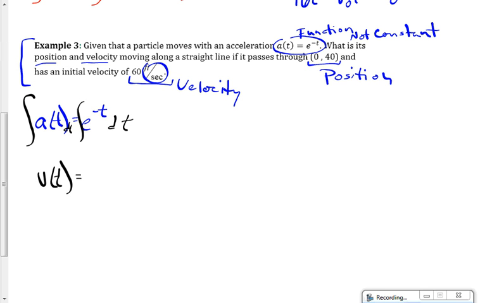What's the antiderivative of e to the negative t? Don't you love e to this? Is that the correct antiderivative? What else do I need? I need to divide by that negative 1. So negative e to the negative t plus some constant of integration. Do we know the value of that constant of integration? Be careful.